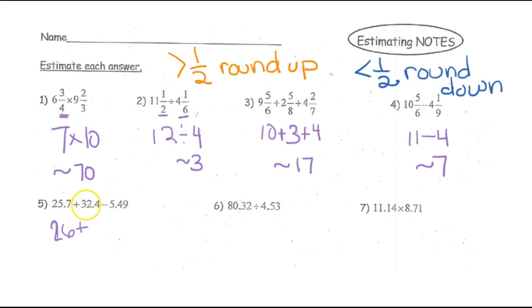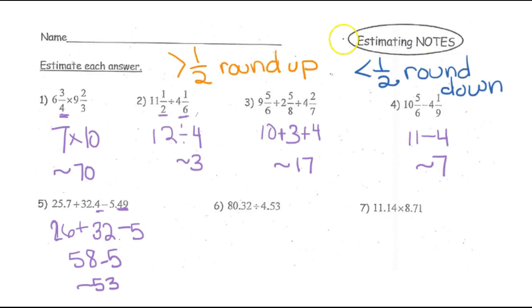Hurry up before it erases more. 32.4. 0.4 is less than half, so I'm going to round that down to 32. And 0.49, a very hair less than 1/2, I'm going to round this down to 5. 26 plus 32 is 58. Take 5 away. Our answer is going to be approximately 53.